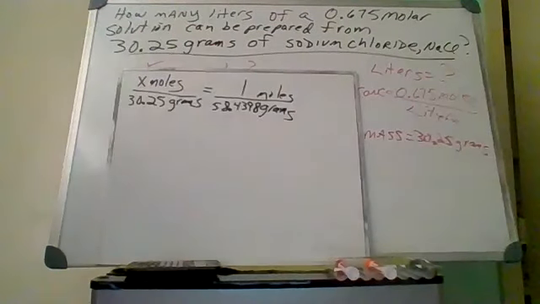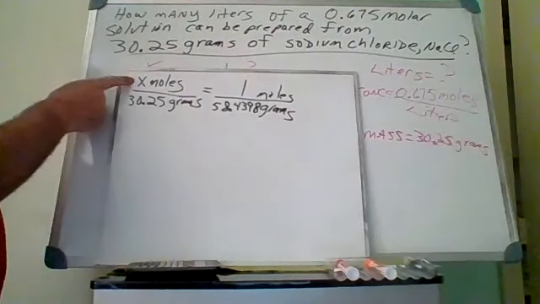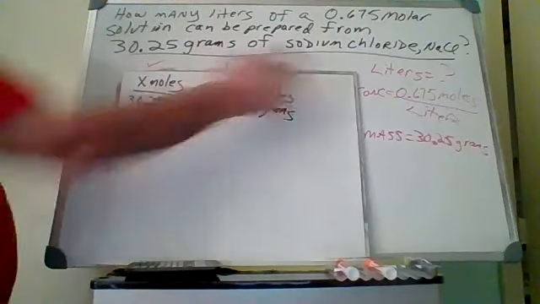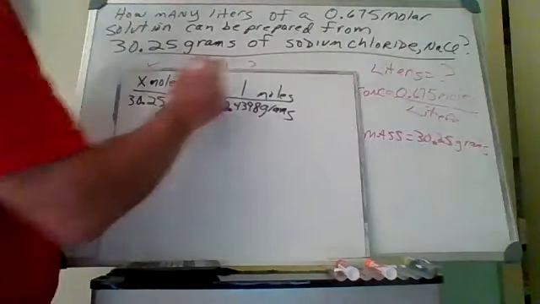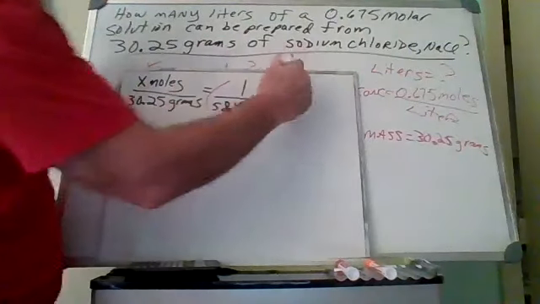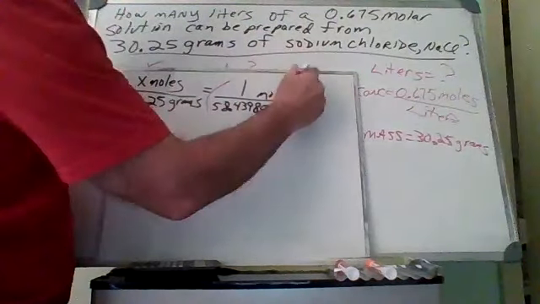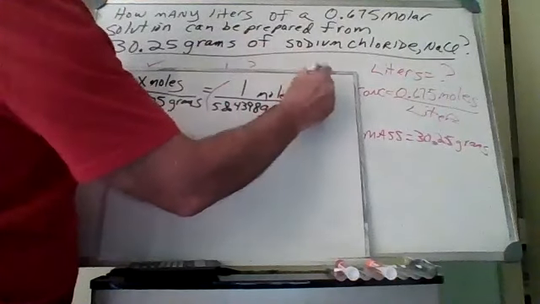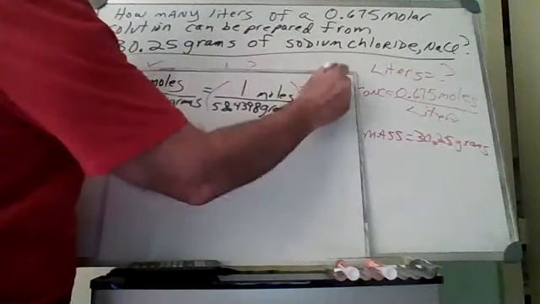Okay, and again, every one of these molar mass problems is the same. X is in the numerator, not by itself. So I need to move these 30 grams over to the right-hand side, where they will go from denominator here to numerator on the other side. So 30.25 grams.